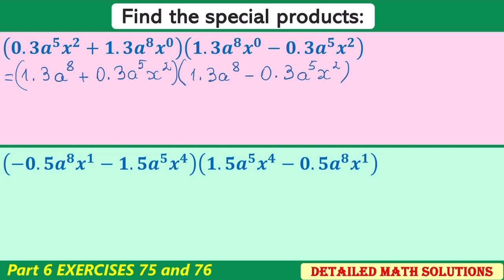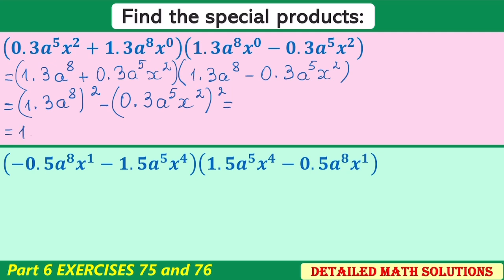This way I can use the formula, and when I do that, this equals 1.3 a to the 8th power in parentheses squared minus 0.3 a to the 5th power x squared in parentheses squared.